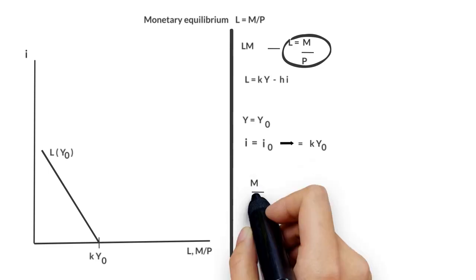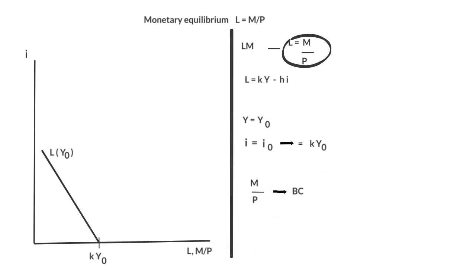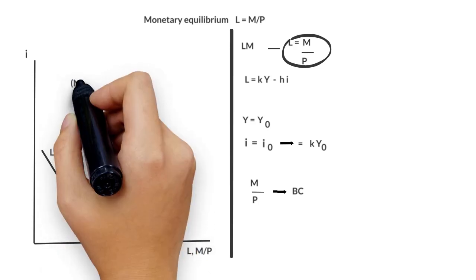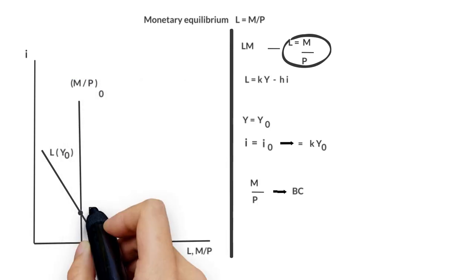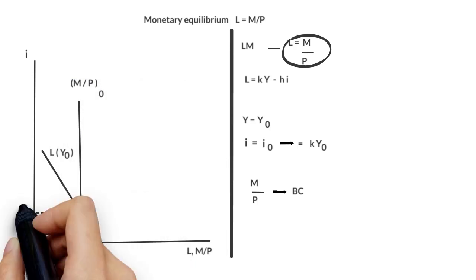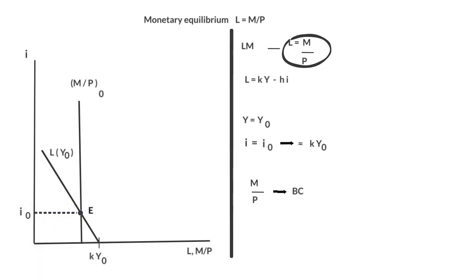We can draw it as a vertical line that determines the value of M divided by P sub 0, being M established by the central bank. The equilibrium is established when both lines cross each other, therefore in point E, determining the interest rate in the monetary equilibrium.